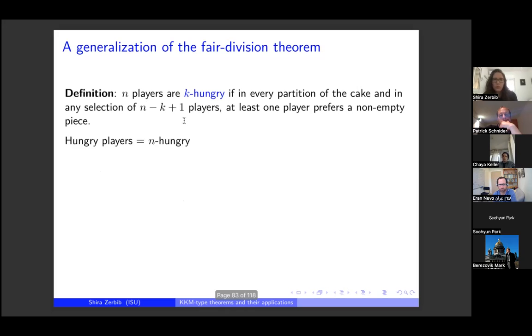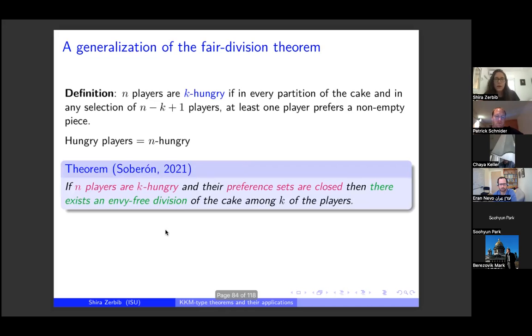So if you take k to be n, then you get back the hungry player condition. Instead of demanding that every player is hungry, I just demand that every time I take n minus k plus 1 players, at least one of them is hungry.